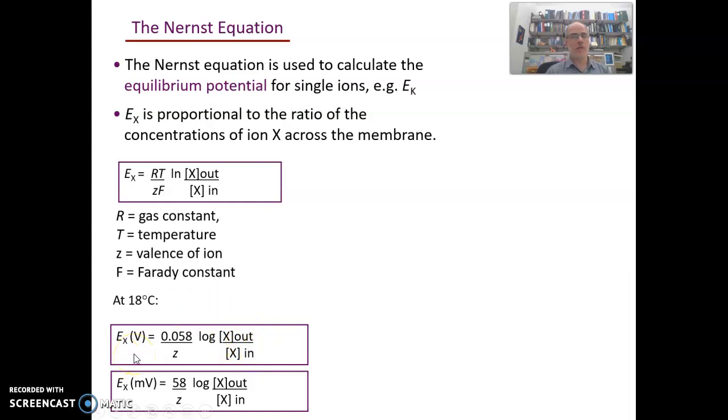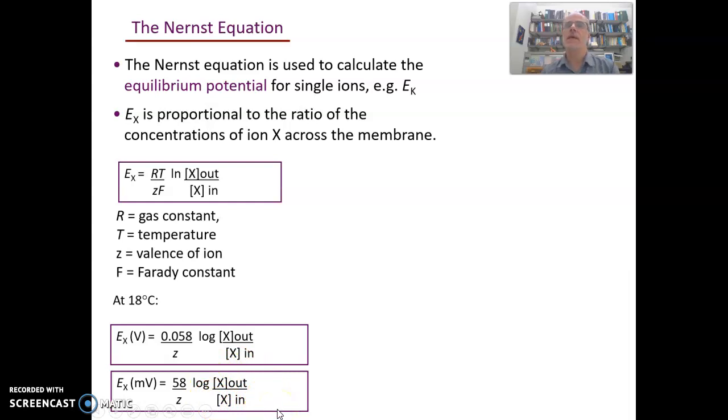Typically, the equilibrium potential for a given ion is not shown in volt but in millivolt. So you multiply 0.058 by 1,000, and the final equation that you need to use to calculate the Nernst equation in its simplified form is equal to 58 divided by the valence times the log of the ratio of the concentration outside and inside the cell.